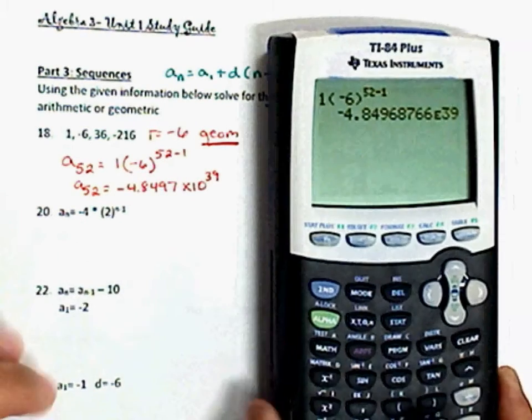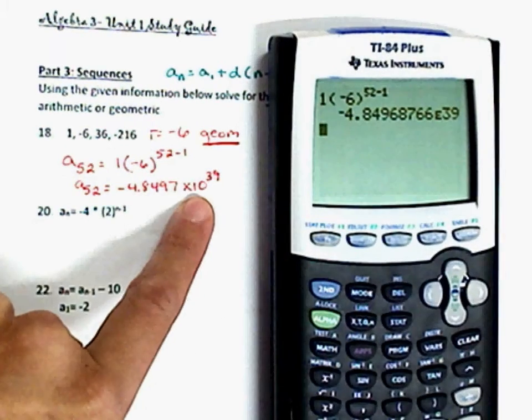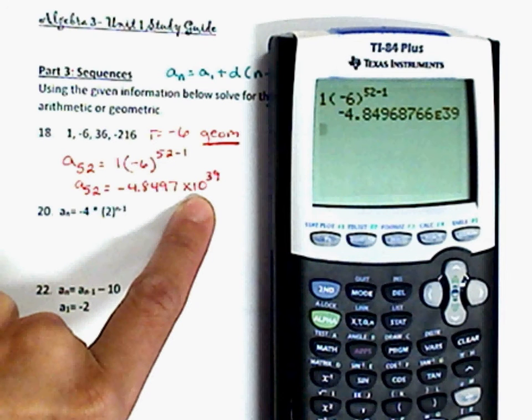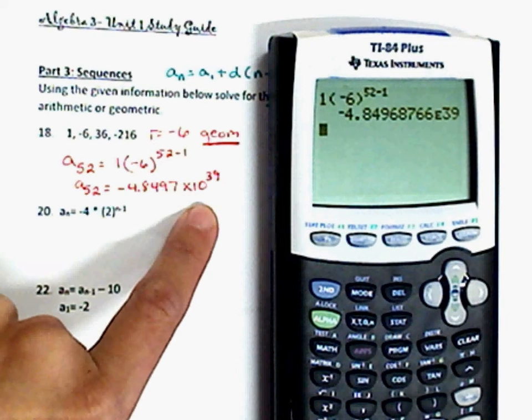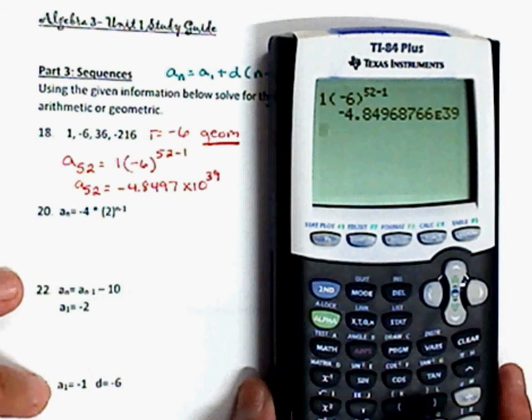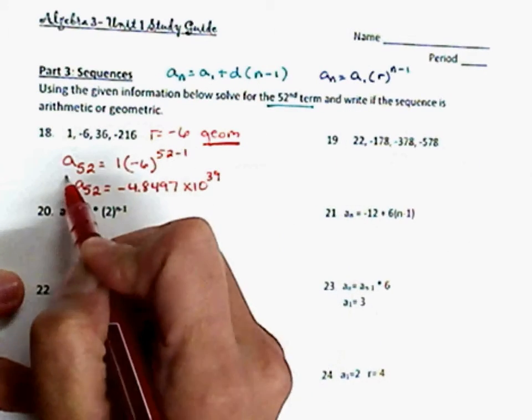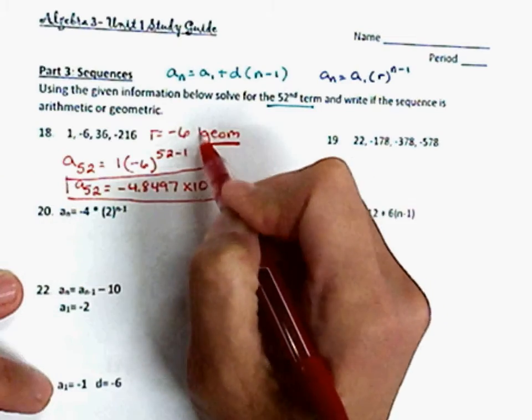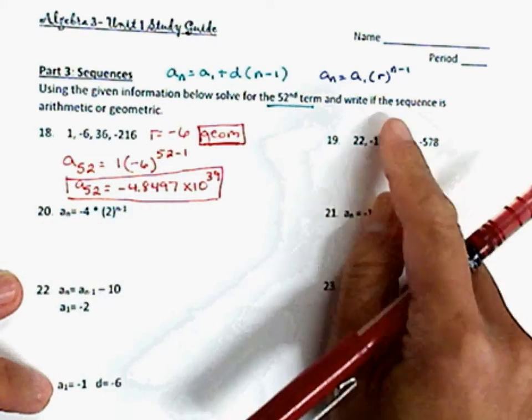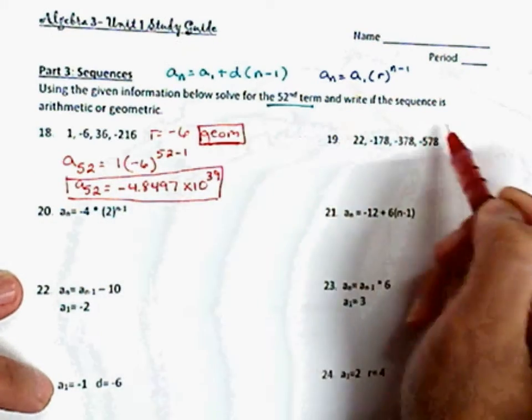So the E right here means times 10. Please do not write E right there. I know you guys are smarter than that, so please write it in scientific notation. So there's your answer for number 18. Let me box that in. There's one of your answers, and the other one is right here. Make sure you answer the question, okay?